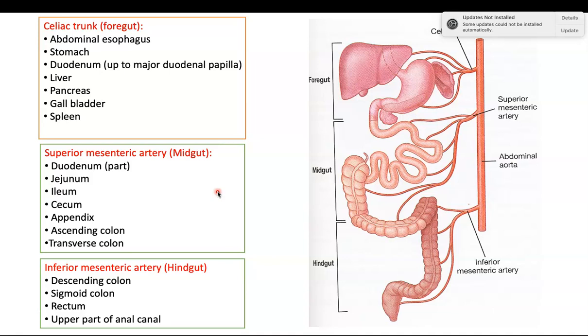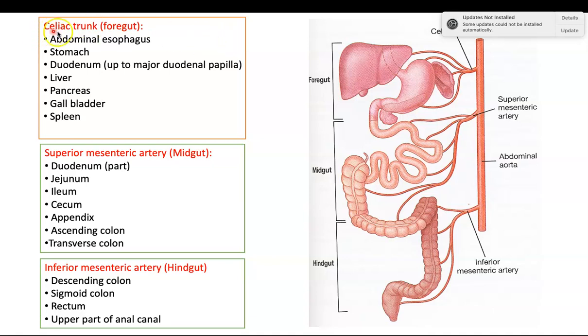If you think of the embryonic gut system, it is divided into three segments: the foregut, the midgut, and hindgut. Certain structures of the abdominal viscera arise from the foregut, some from the midgut, some from the hindgut. And there are specific arteries to distribute blood to the structures coming from the foregut, midgut, and hindgut.